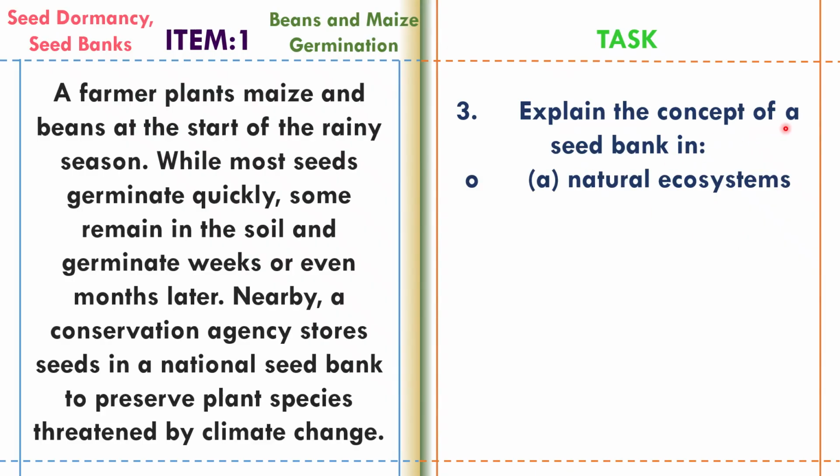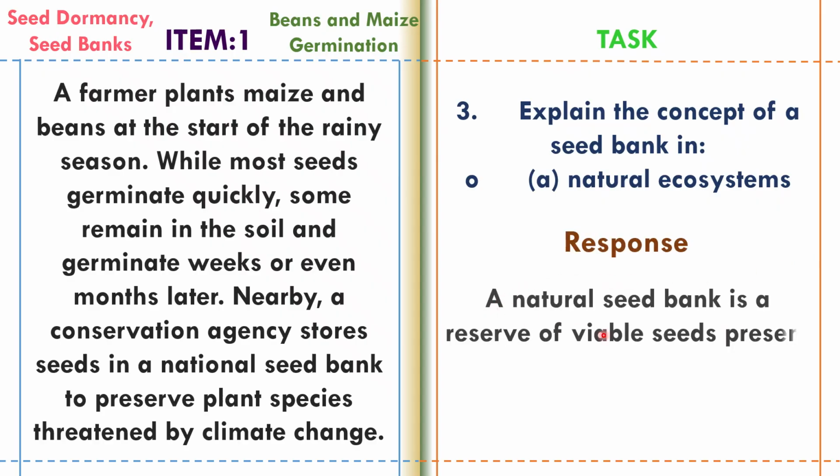Explain the concept of a seed bank in a natural ecosystem. A natural seed bank is a reserve of viable seeds present in the soil.